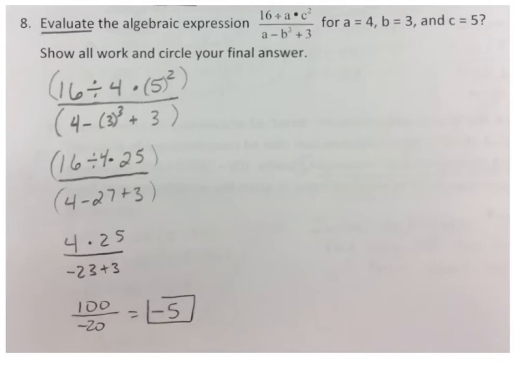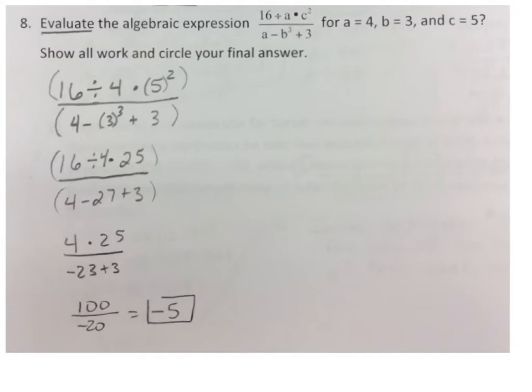Okay? So, here we go. On the numerator, I'm going to do the exponent first, which gives me 25. Then I'm going to do the exponent on the bottom. That's 3 cubed, so that's 27. Notice how I have rewritten it. I haven't done anything else other than get rid of the exponents.